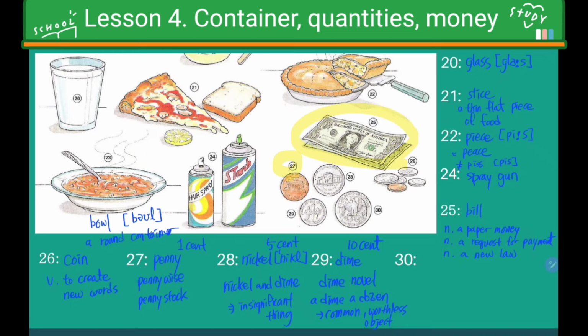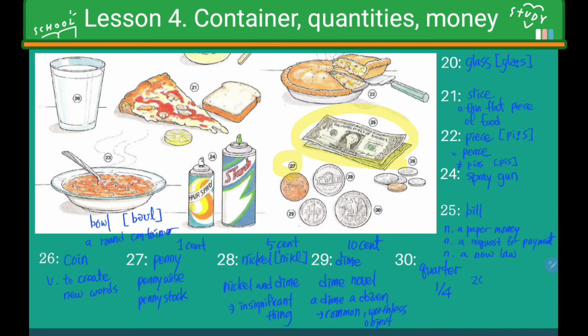And lastly, number 30 is the biggest coin in American dollars, and that's quarter. A quarter. And this one also refers to 1/4.